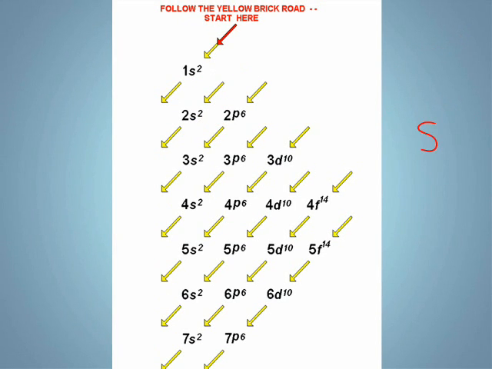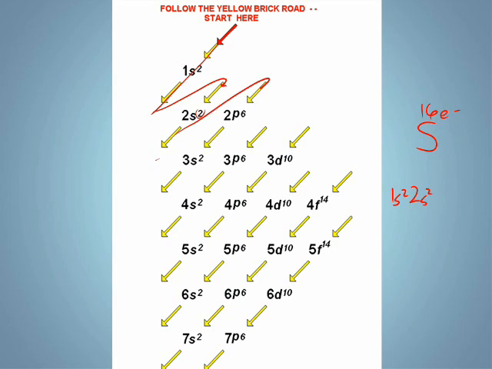Let's try sulfur. Sulfur has 16 electrons. So we start here. So we have 1s2, 2 electrons, so we need 14 more. We go back to the back of the line. 2s2, that's 4 electrons. We need 12 more.